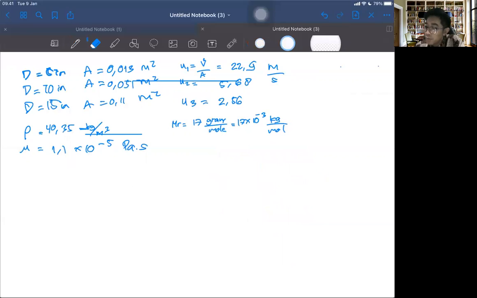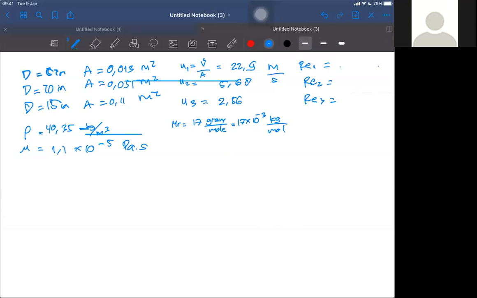Okay, now you have the values of density, viscosity, velocity, and then the diameters. Don't forget to convert the diameters into meters. So you have to calculate the Reynolds number. How much is the Reynolds number using each value of velocity and density? Sir, for the diameter, it's just the diameter of the pipe, right?